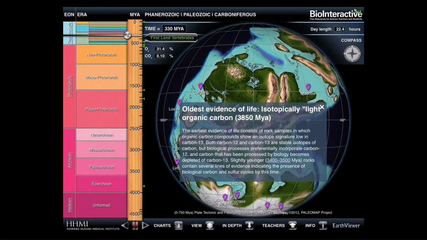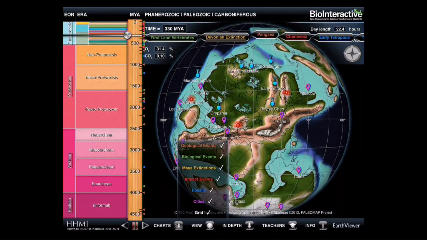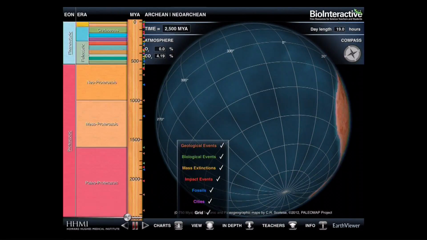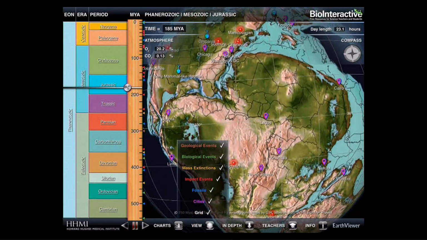You can change it to see the mass extinctions. You can click them and turn them all on if you really want to go crazy. And then it also shows where the impact events are. I didn't show this at the beginning, but you can also manipulate the Earth itself. Wherever you are in the timeline, you can move the Earth around and see what's going on.